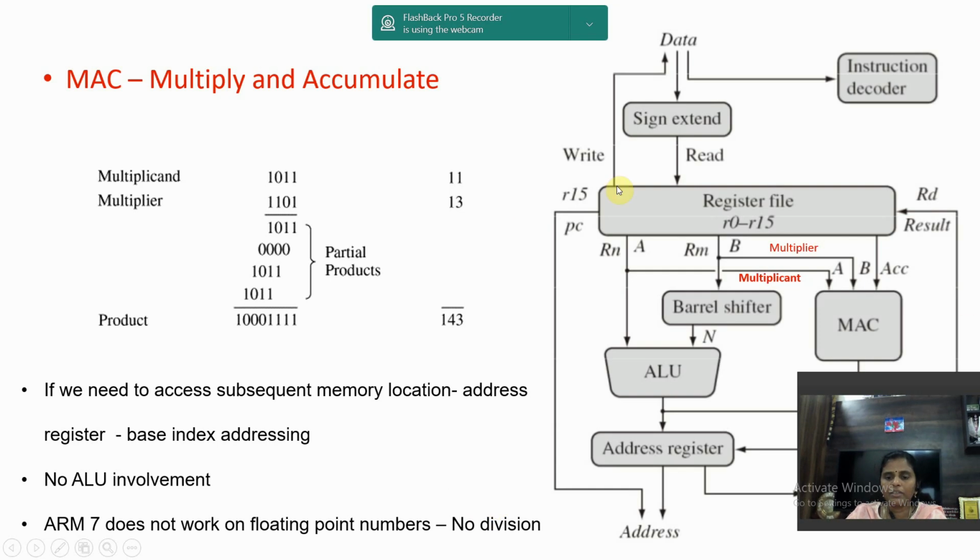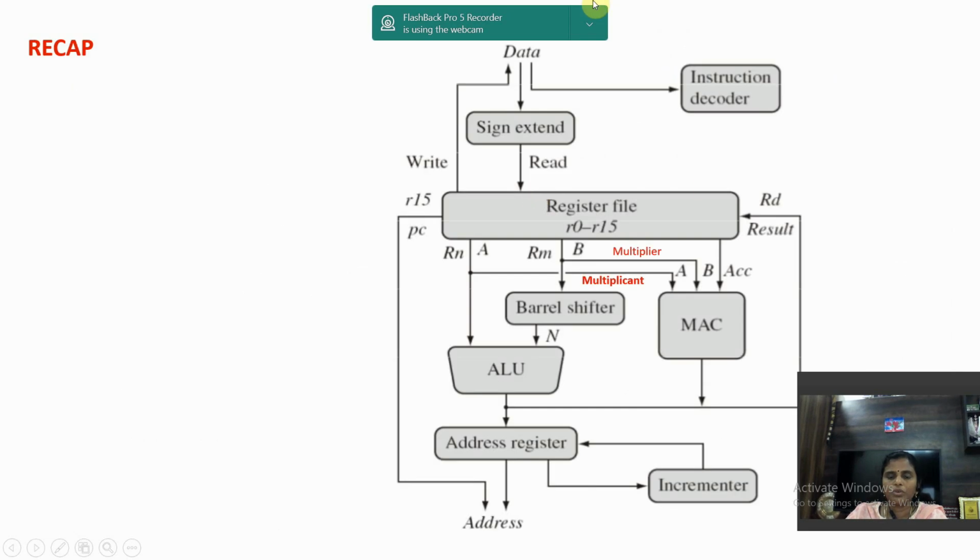Hope you understood the architecture. Let's go for a recap. What I told you, the three main operations in any processor or controller are fetch, decode and execute. So initially an operand or data can be fetched. If it is an operand, it goes to the instruction decoder, and the instruction decoder will see the opcode and do the execution accordingly.